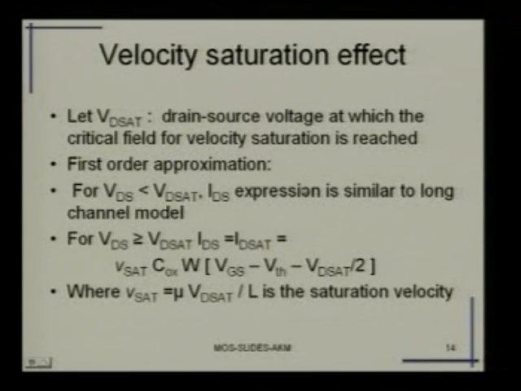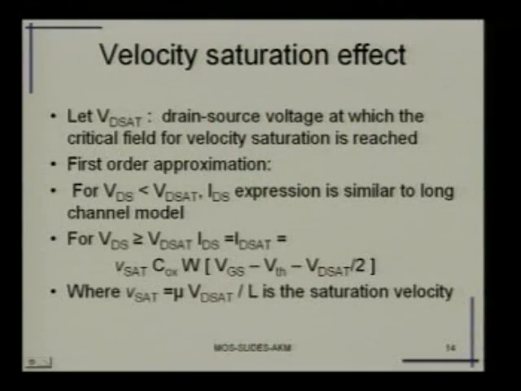This is what VSAT is, the saturated velocity. We cannot expect it to go on increasing linearly with the electric field. Today, when we are looking at submicron level technology, velocity saturation will take place, and the analysis has to be done taking into account the velocity saturation effect. These can be considered somewhat second order effects to be taken into account.